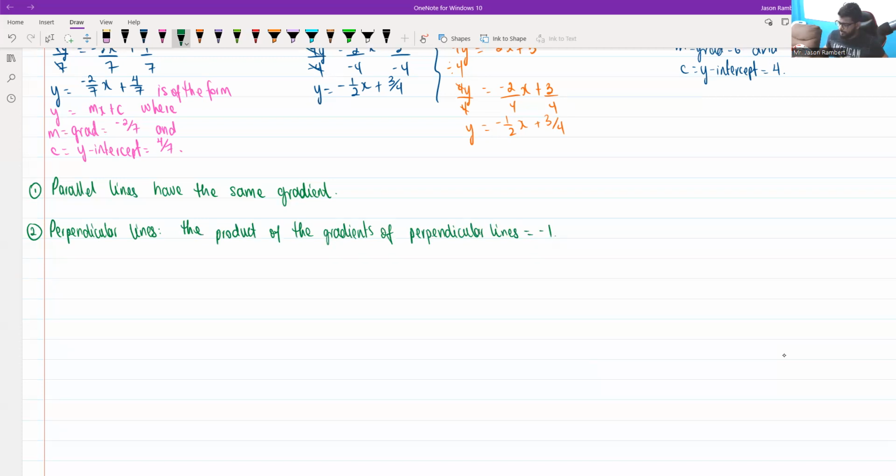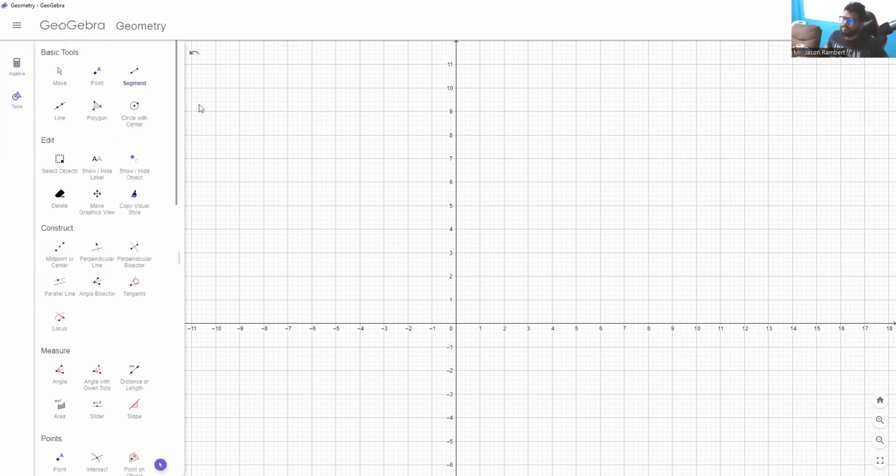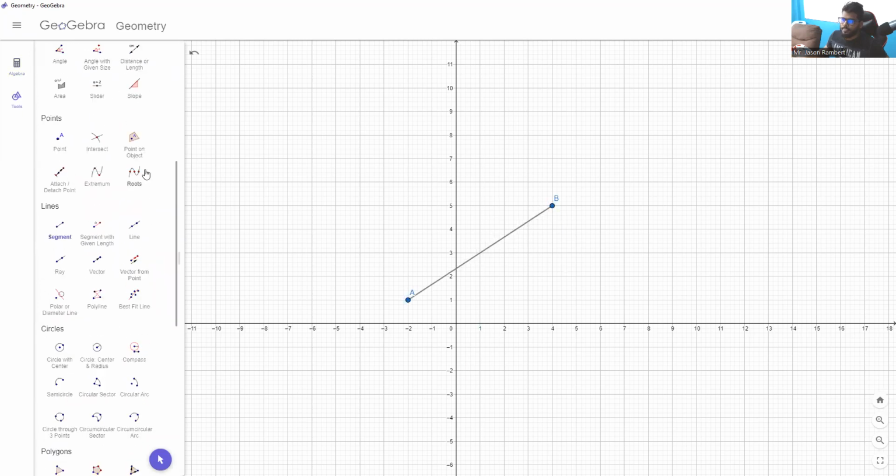Which means if I have a line, let me draw some stuff here. If I have a line, let me say this is line AB. We calculate the gradient of it, we get 2/3. I will make it a whole number.